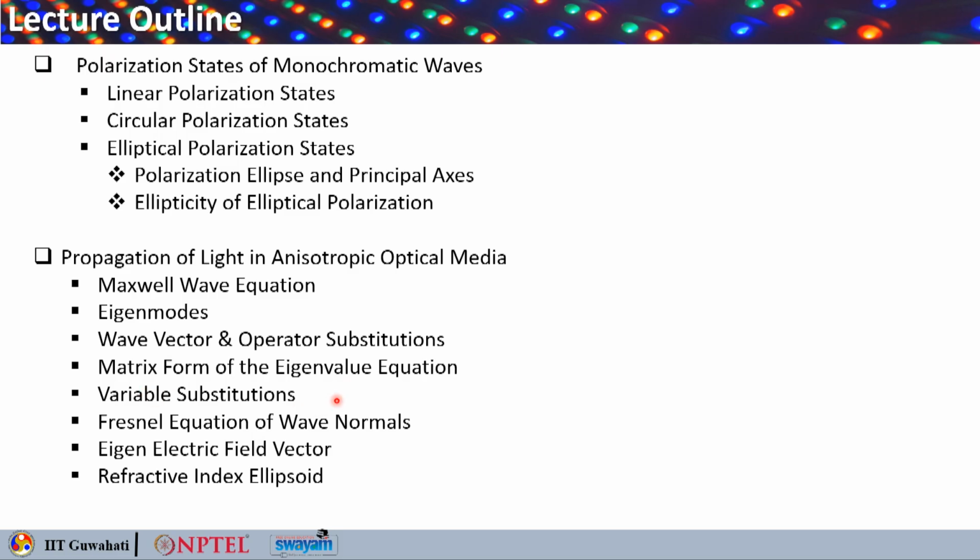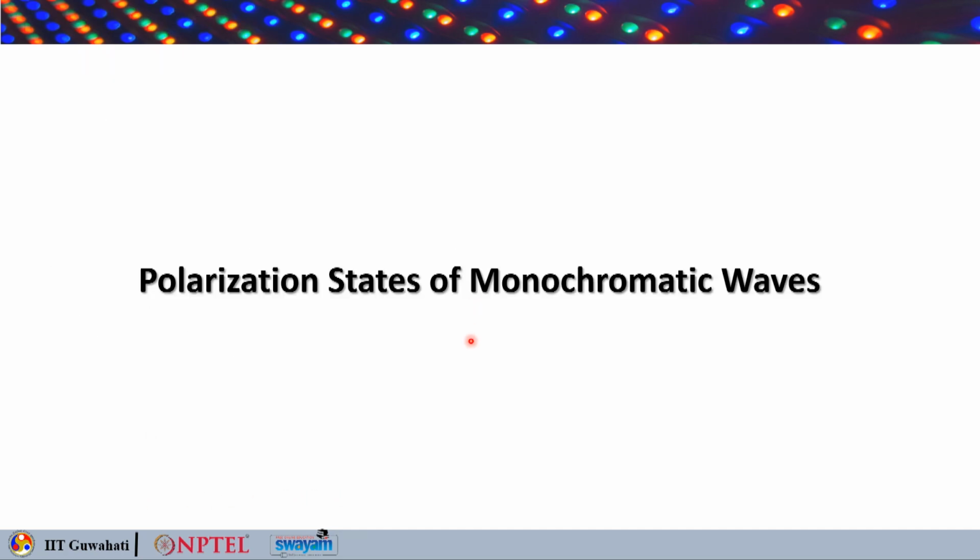We will talk about the variable substitution, the Fresnel equation of wave normals. Then we will also discuss the eigen electric field vector and the refractive index ellipsoid, or simply called the index ellipsoid. So let us first discuss polarization states of monochromatic light.